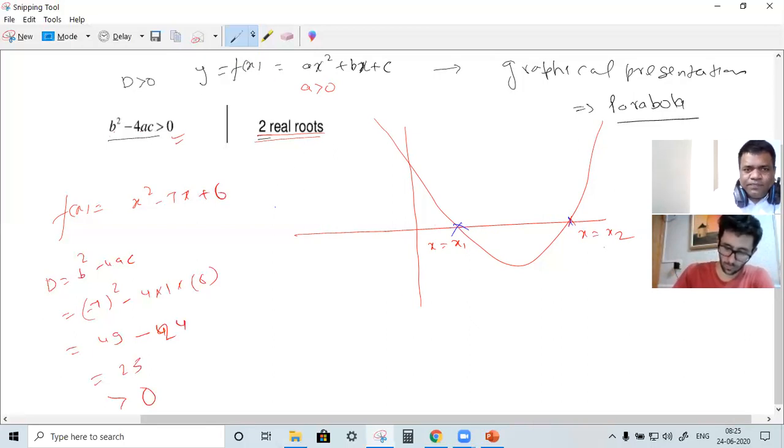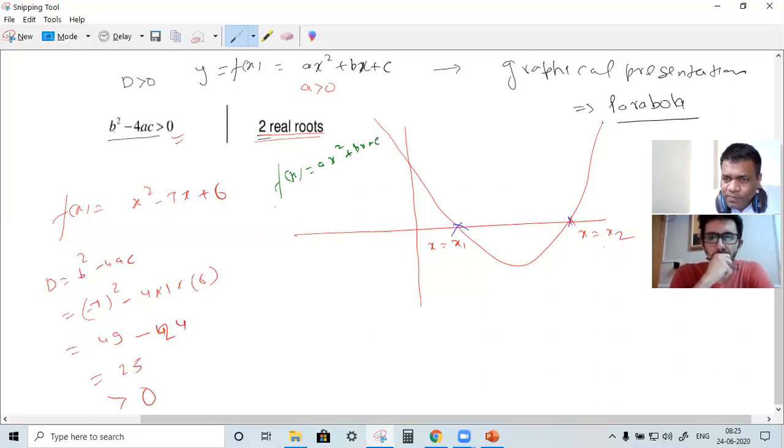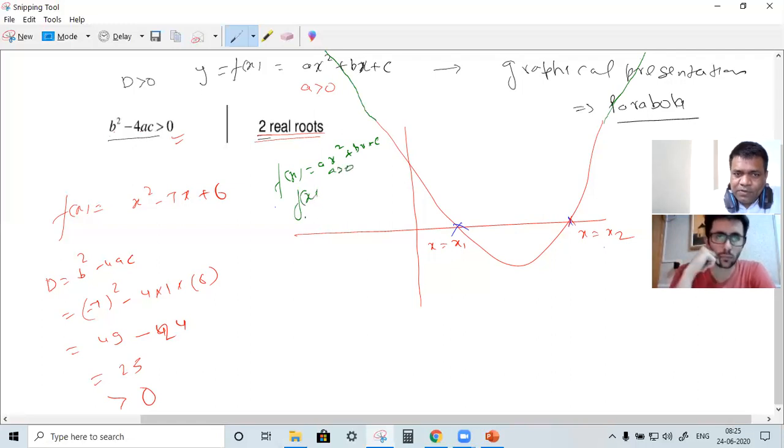Frederick, by looking at this function, f of x is equal to ax square plus bx plus c, what is the maximum value of this function? You can see it goes up to plus infinity, right? Yes. So maximum value of function is nothing but maximum value of y coordinate. So what is f of x max if a is greater than 0?